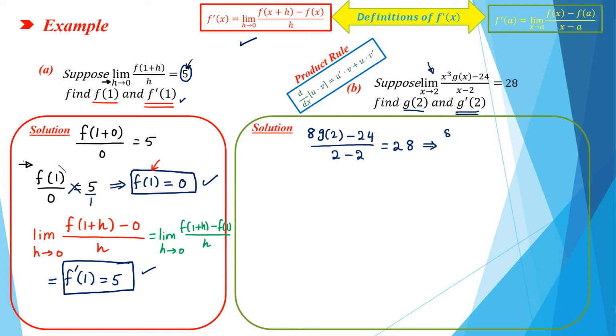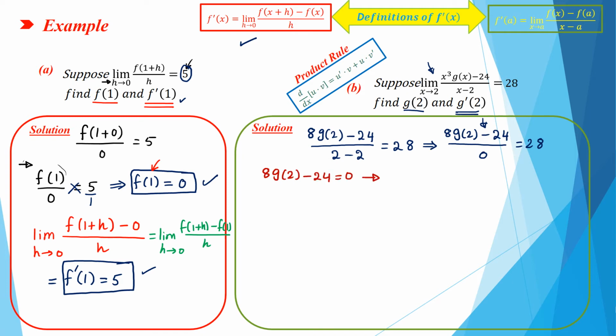So we have 8 g of 2 minus 24 divided by 0 equals 28. Since the limit exists, the numerator must be 0, or you can use cross multiply as in part A. So the numerator equals 0, and we have 8 g of 2 minus 24 equals 0.